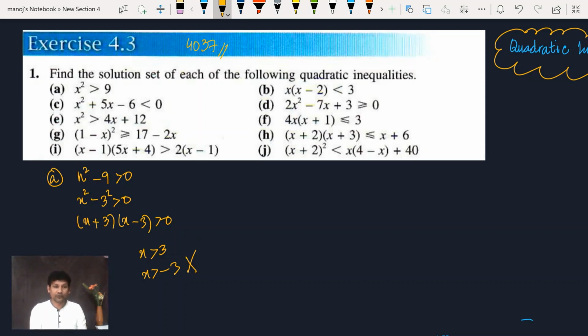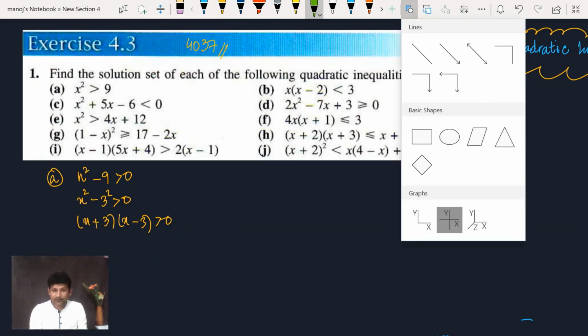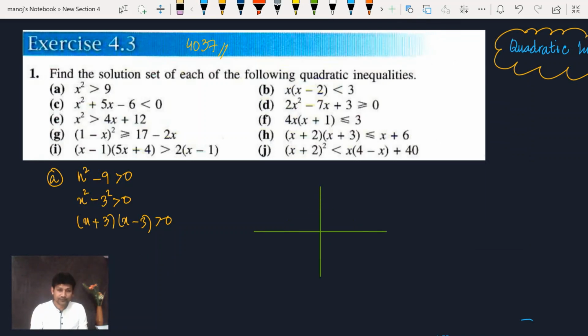So what we have to do here, I just want to do it again. Normally the teachers use the sketch method. And what is the sketch method actually? I would like to use it here. We know the answer: x plus 3 equals 0, so x is minus 3.